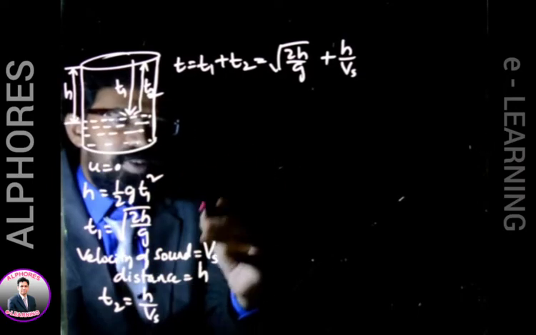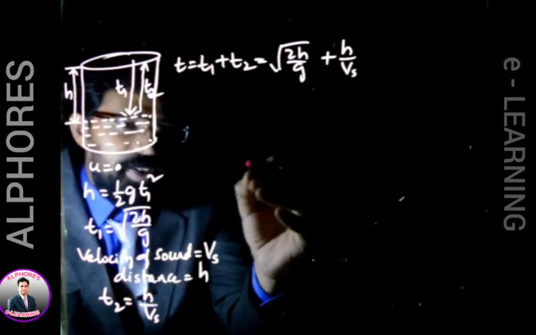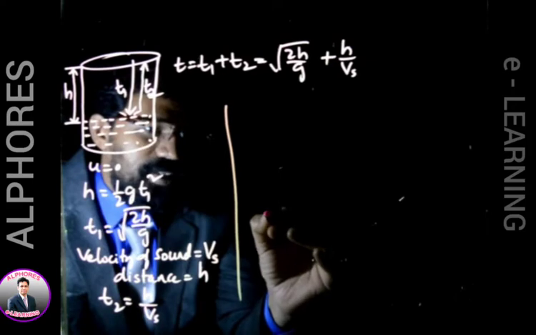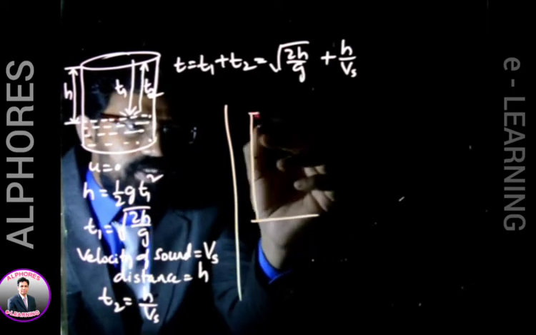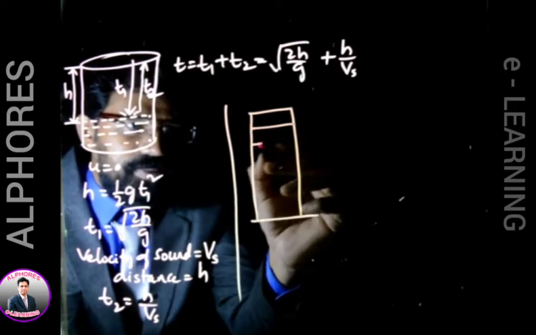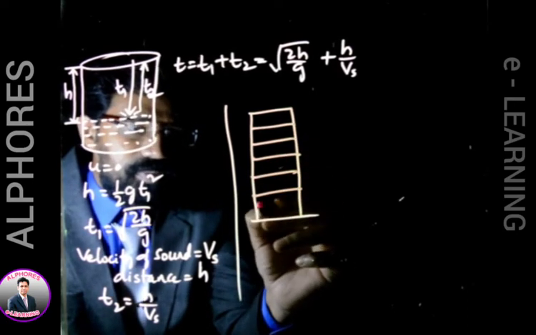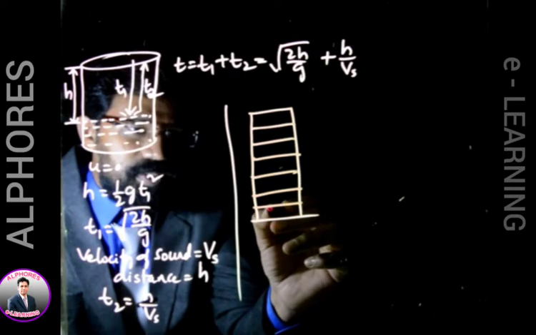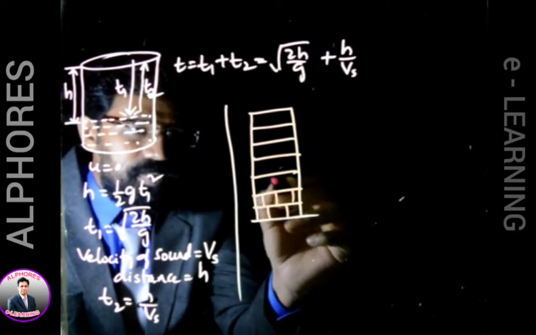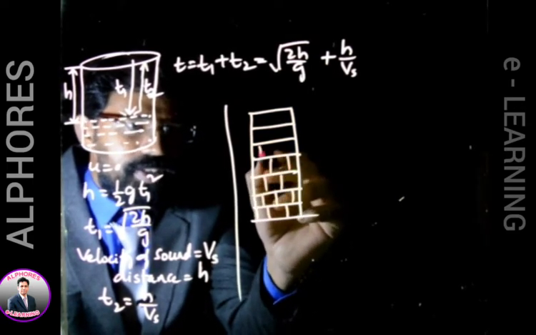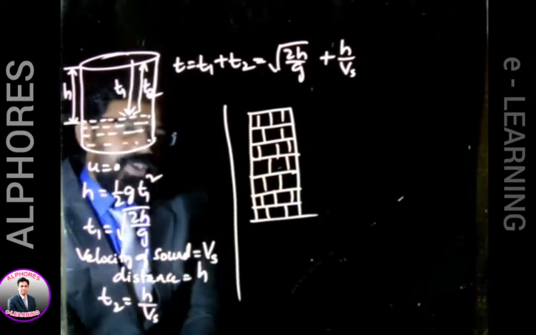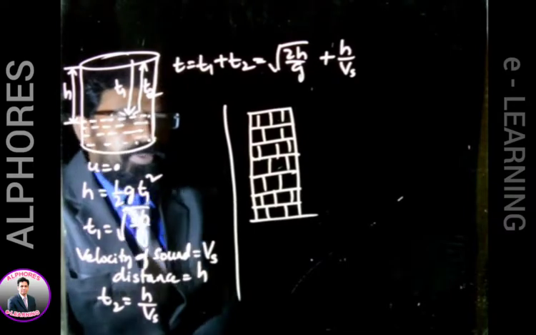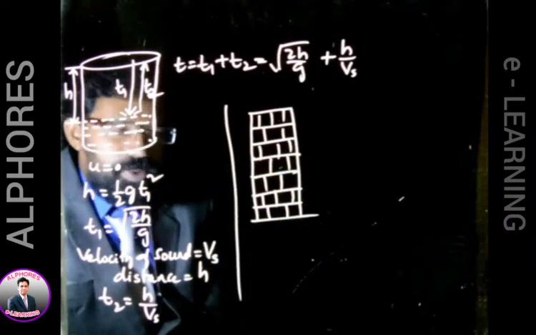I'll pick up one more possible situation. Here I'm going to consider a multi-story building. Let us say there is a multi-story building like this. From the top of the building, let us say a body is dropped.